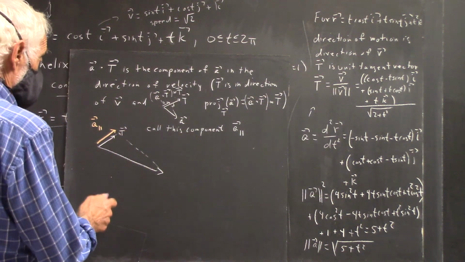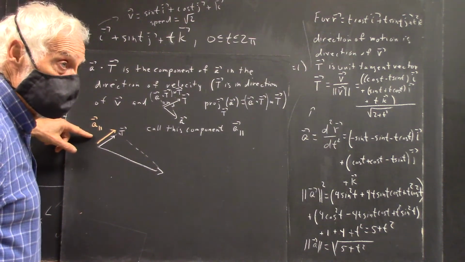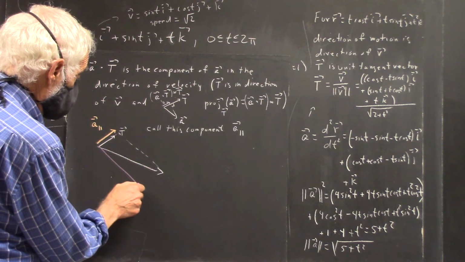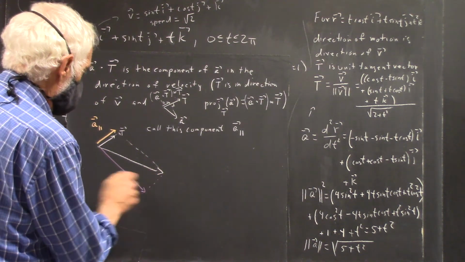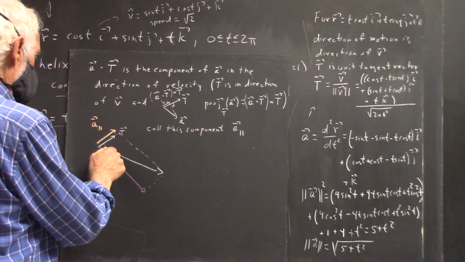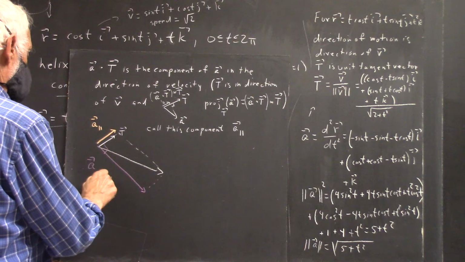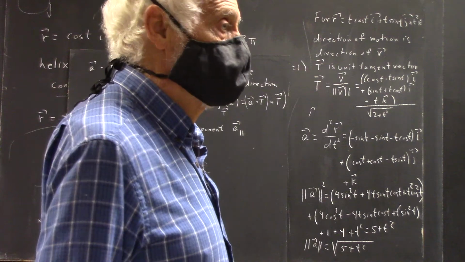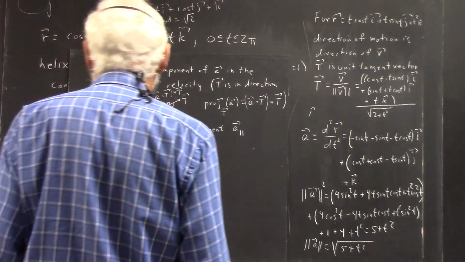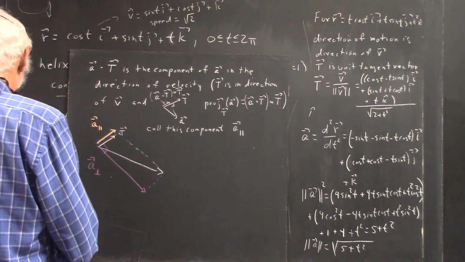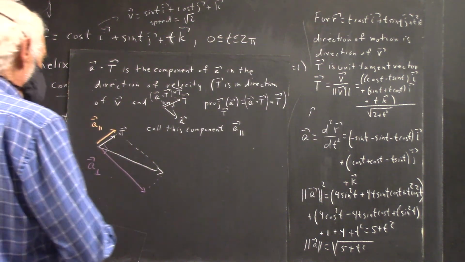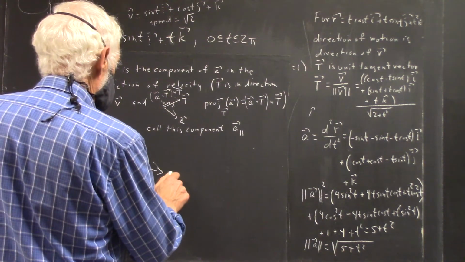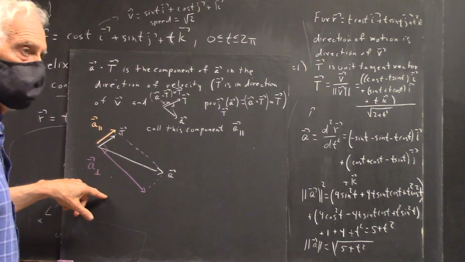Okay, so there's another component. The other component's going to be perpendicular to A parallel, right? Well, you can picture that component very easily. This is A perpendicular. So here's the vector A. Here's A parallel, here's A perpendicular.